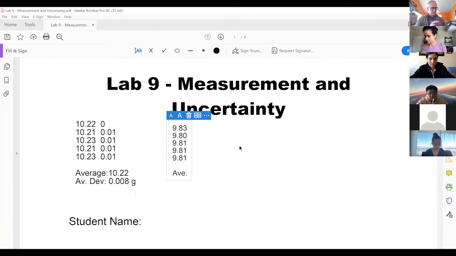So what is my average? 3.0 plus 1 plus 1.5. So my average is 9.812 grams. So what are my deviations?